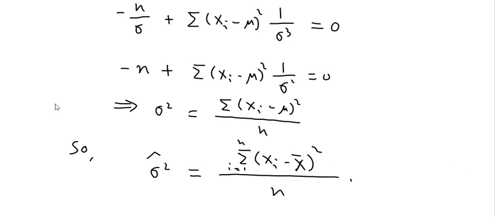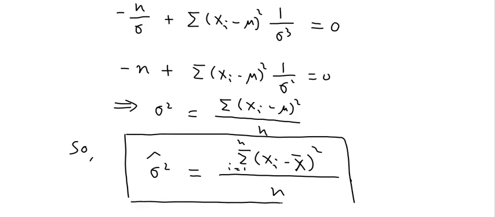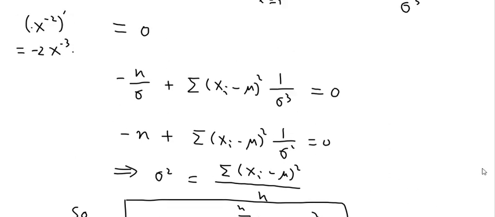So by these two methods, we get the same answer for the estimate of the population variance.